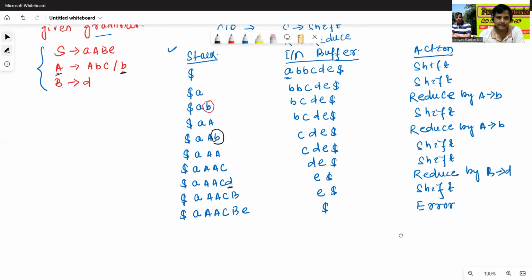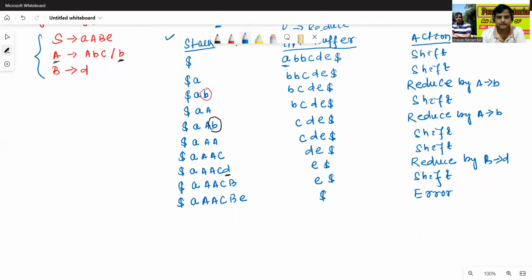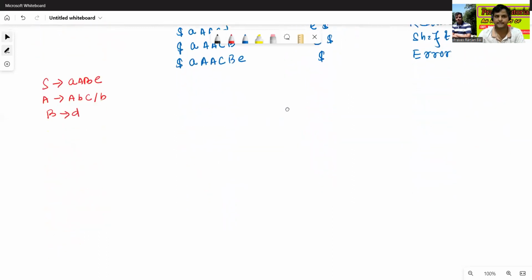Simply write this grammar again: S to AB, A to ABC or B, and B to D. Try to understand what the meaning of SR conflict is.